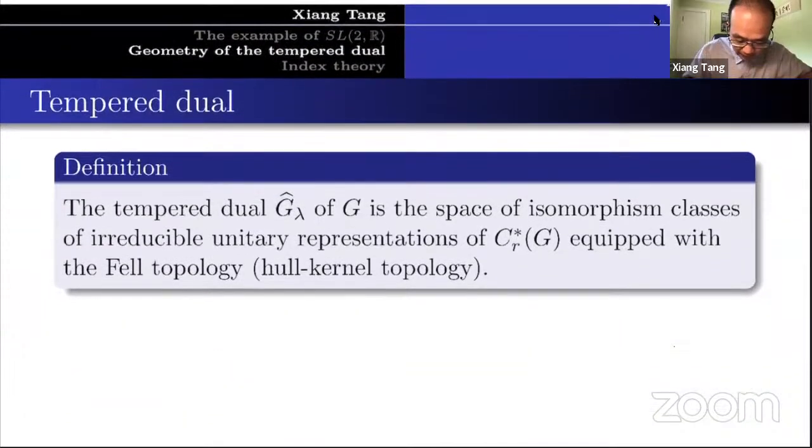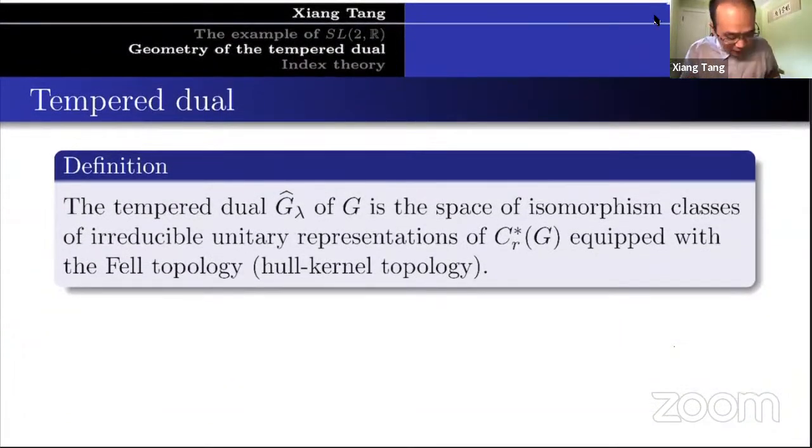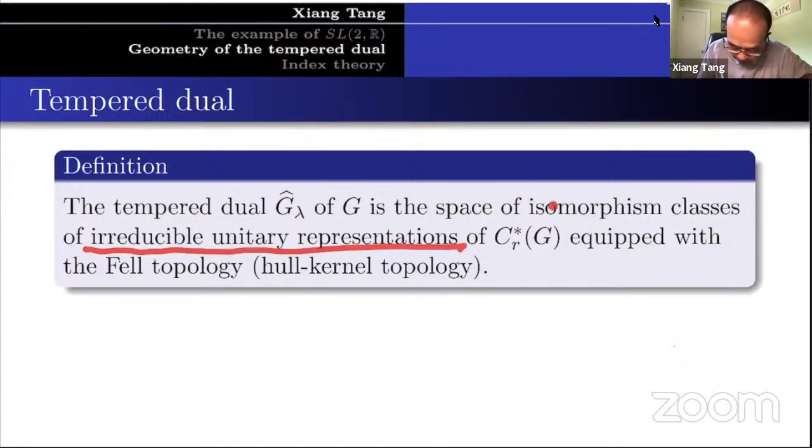So now let me get to this definition of the tempered dual. Using this C-star algebra, the definition is very simple. It's basically the space of isomorphism classes of irreducible unitary representations of this C-star algebra. But if I want to formulate it using G representations, it takes more effort.